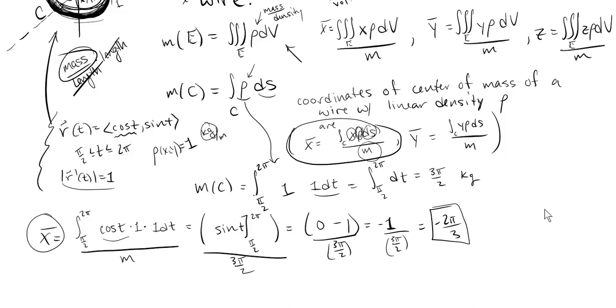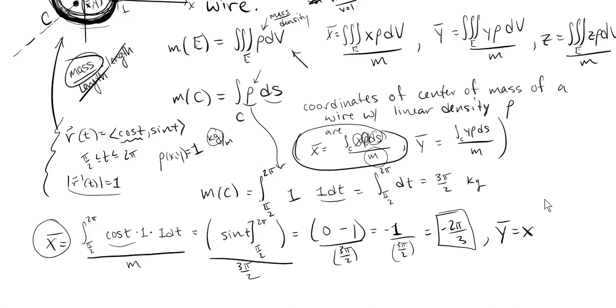Okay. Let's see here. And since we're saying it's got to be equal to the other coordinate, we know y bar should be the same. So we should have these coordinates of our center of mass. Oops, I've switched this, right? This was 3 pi halves, the pi was with the 3. That sounds better. Yeah. 3 pi halves kilograms, negative 1 over 3 pi halves is negative 2 over 3 pi.